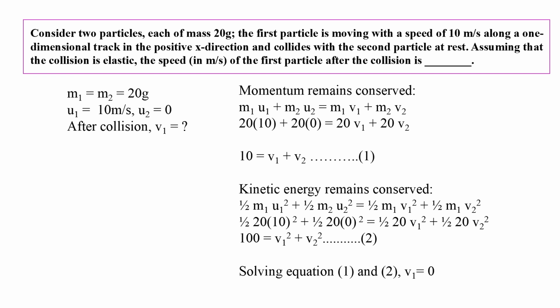This will give us an equation, that is 10 is equal to v1 plus v2. When kinetic energy is conserved, that is half m1u1 square plus half m2u2 square is equal to half m1v1 square plus half m2v2 square, that will give us a second equation, that is 100 equals v1 square plus v2 square.